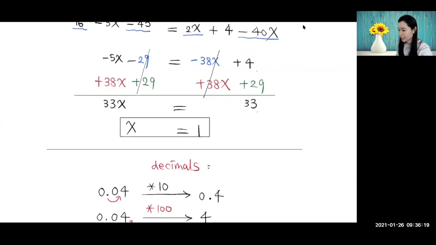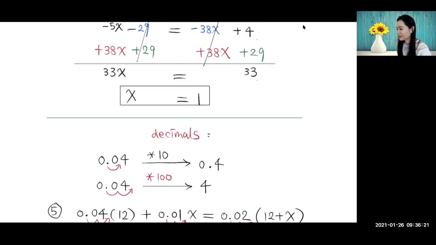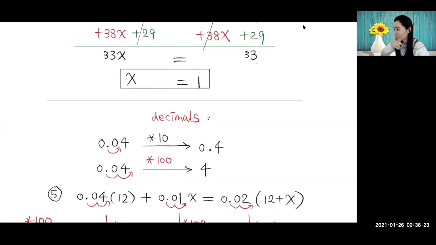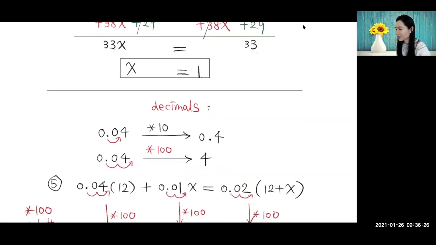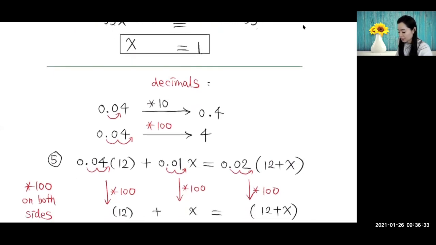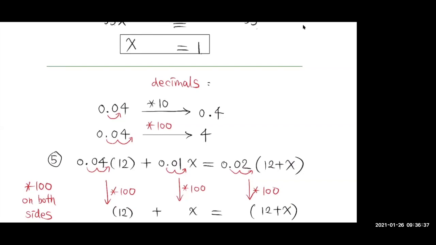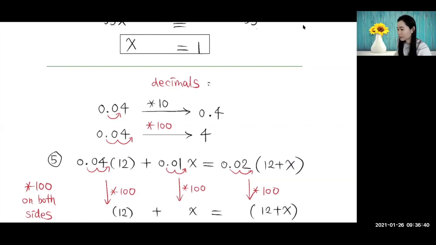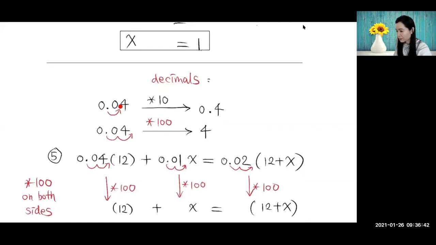Okay. All right. So the next one over here I'm going to cover will be decimals. I'm trying to go over how to solve equations with decimals. So it will be easier if you convert those decimals into integers. If you multiply this number here by 10, you move the decimal point 1 place to the right.